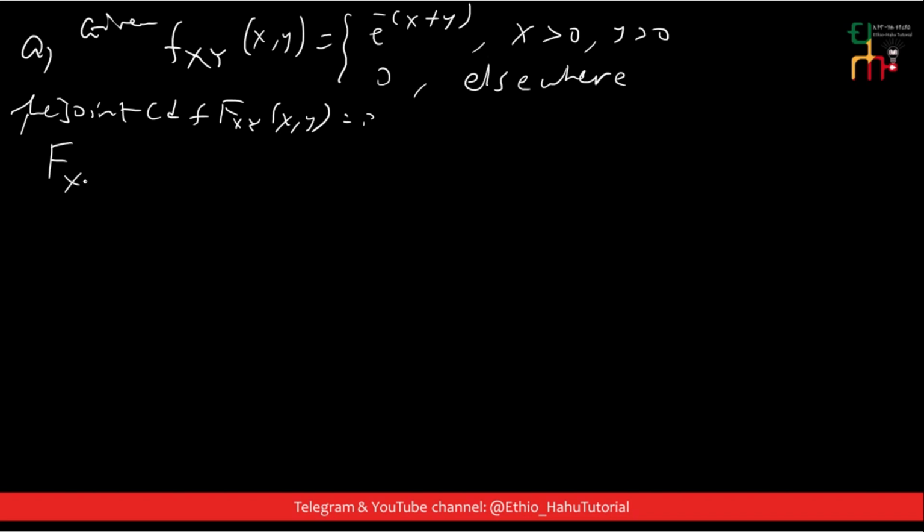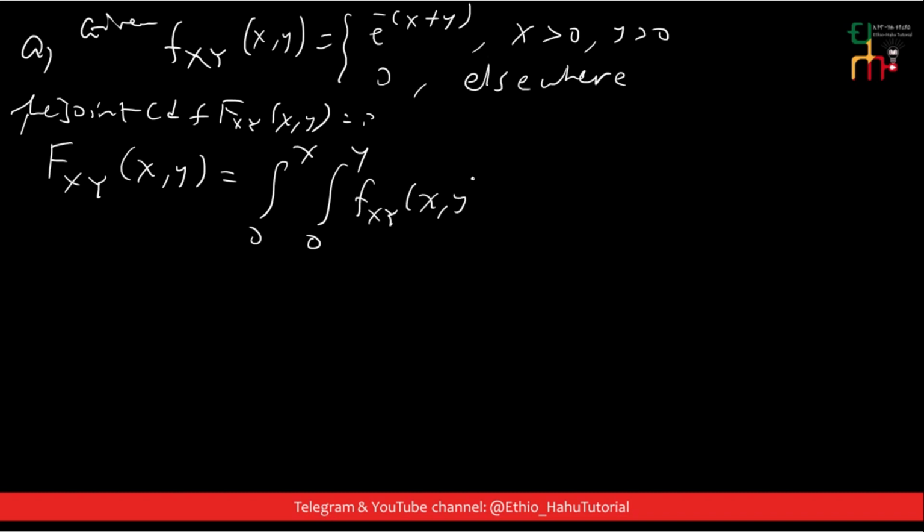The joint cumulative distribution function of x, y is equal to the integral from 0 to x, the integral from 0 to y of f_XY(x, y) dy dx ማድረግ እንችላለን። ያ ማለት ምንድነው?